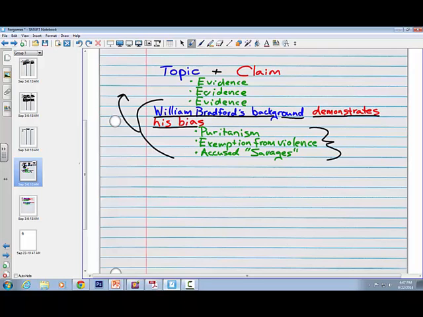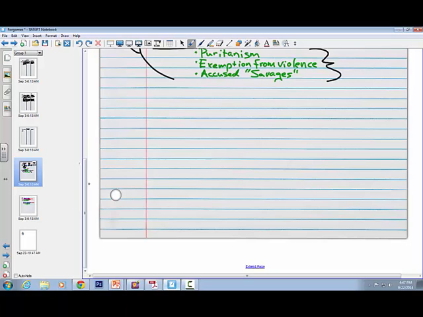Now, let's extend this to Shakespeare, right? So we have a topic, which is going to be the meaning in the book, and then we're going to have our claim, right?